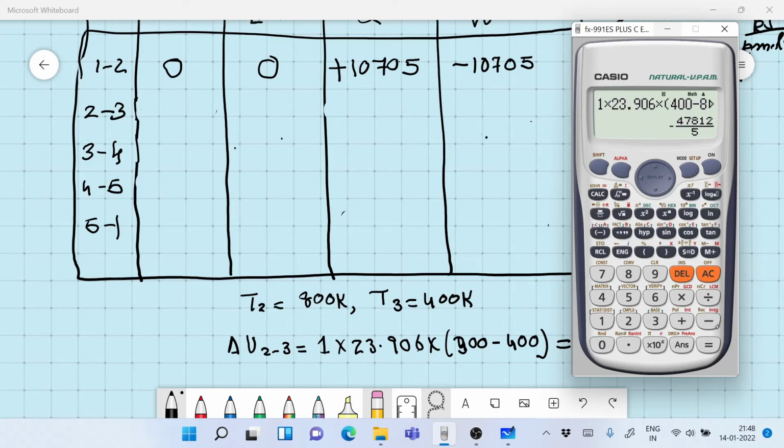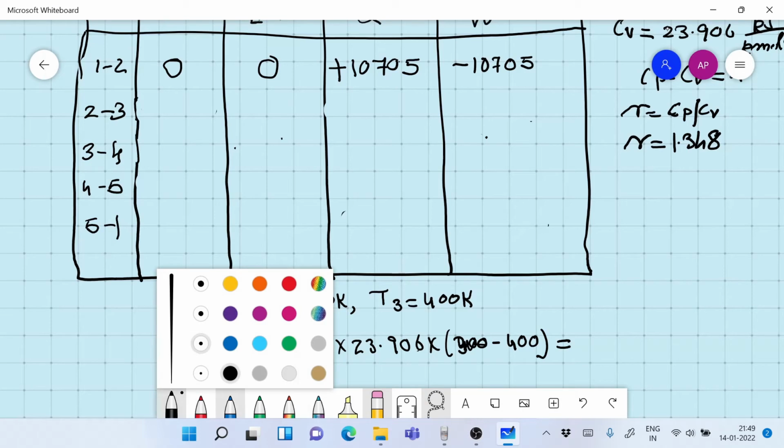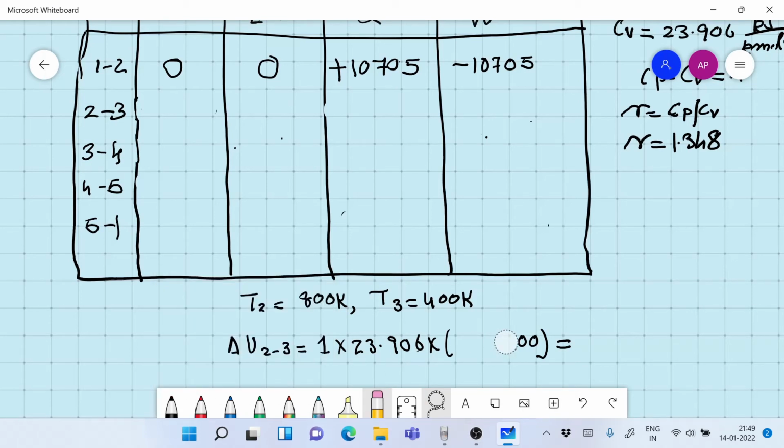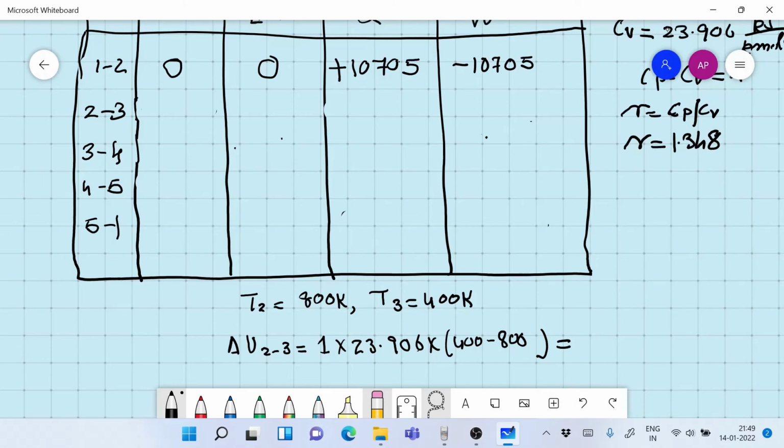I just made a slip of the tongue. So this is not 300. Let's correct it. The final temperature is 400 and the initial temperature is 800. And I have accordingly done the calculations, minus 9562.4.